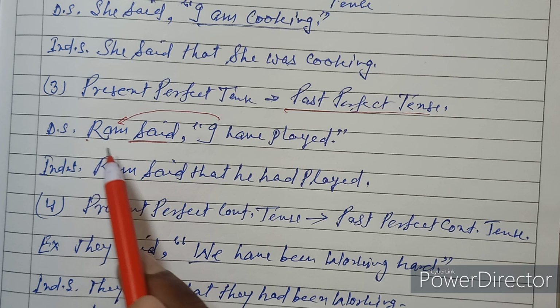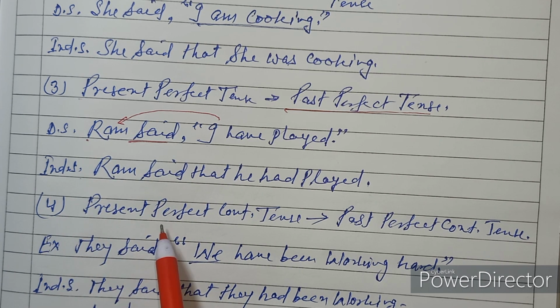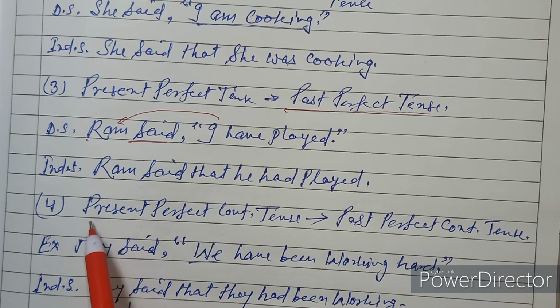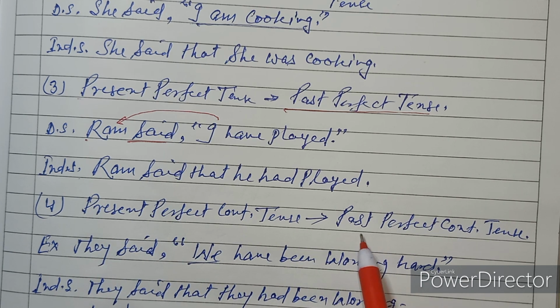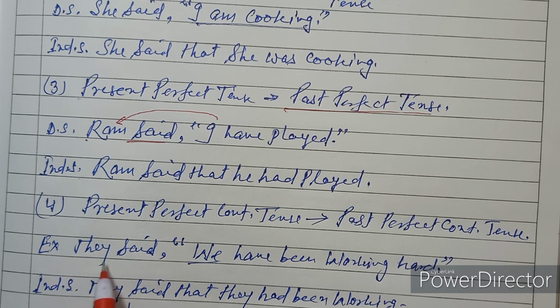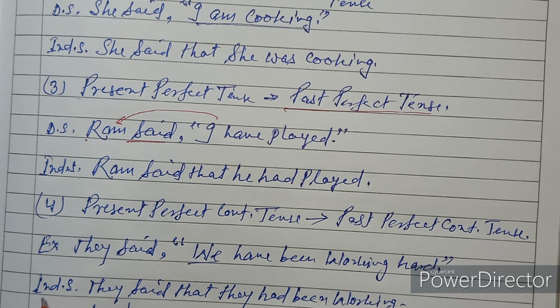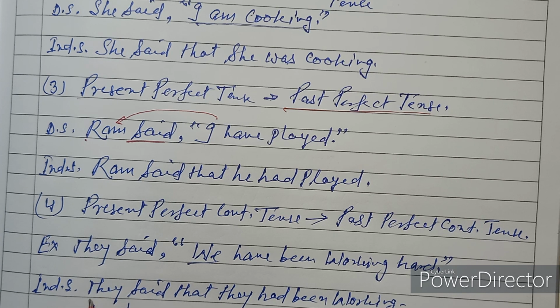That is Ram. In next rule number 4, present perfect continuous tense. This is the fourth tense of present tense. It will change into past perfect continuous tense. Example is here. This is the example of direct narration. They said, we have been working hard. When we change it into indirect speech, they said will be written as it is, and to remove comma we use that.